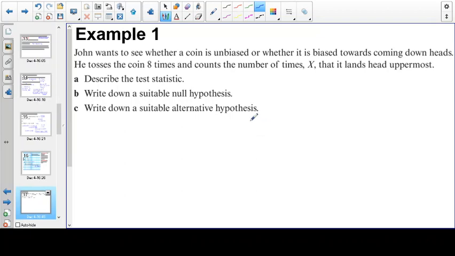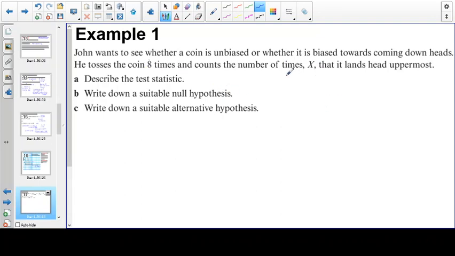Okay, John wants to see whether a coin is unbiased or whether it is biased towards coming down heads. He tosses the coin 8 times and counts the number of times that it lands head uppermost. So X is the random variable, the number of times that it's going to land head uppermost, and that can range from 0 to 8.